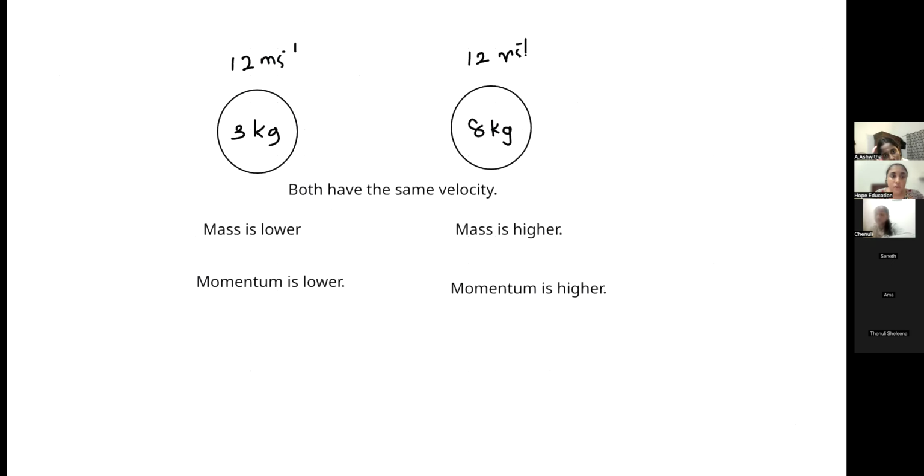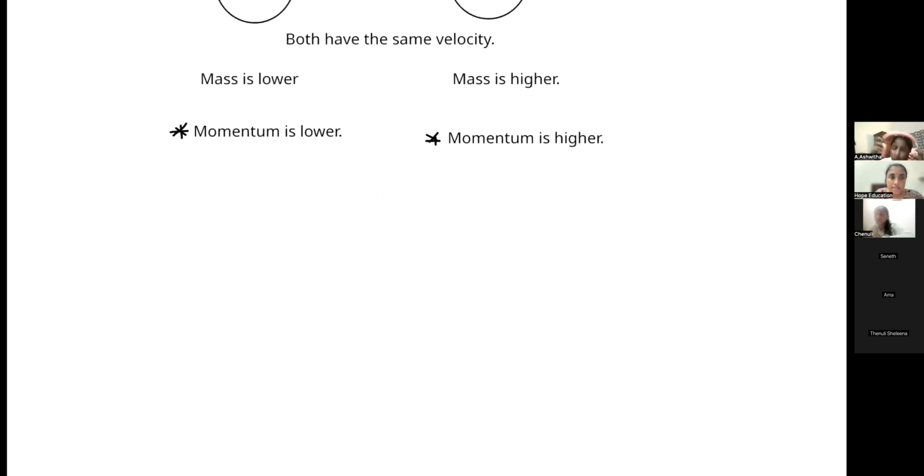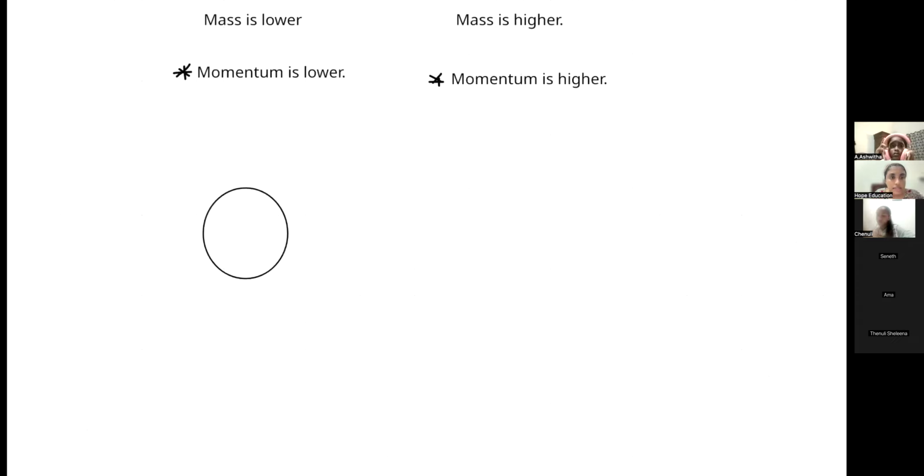So then let's look at another instance where again we have two objects. Listen carefully. This has a mass of 7 kilograms and there is another object of mass 7 kilograms. This is thrown at you at a velocity of 5 ms minus 1.